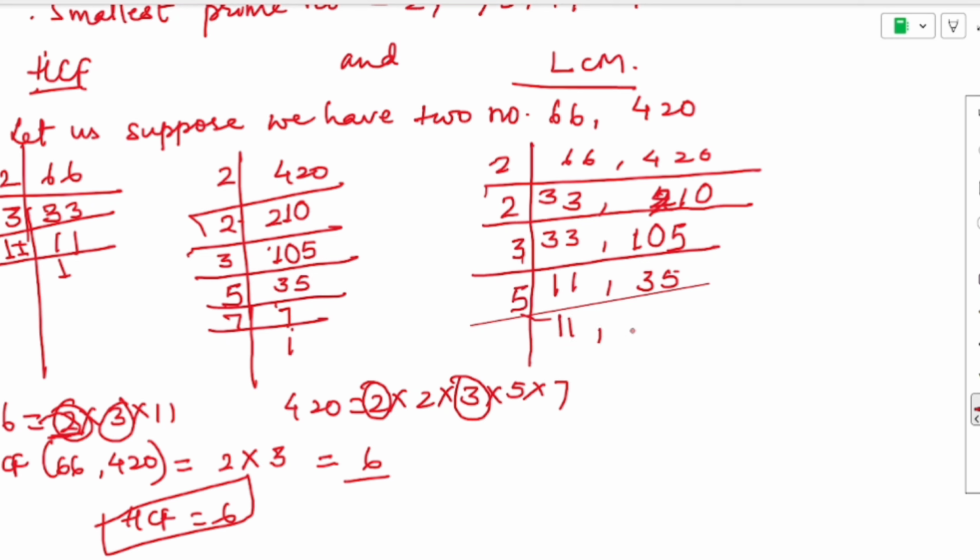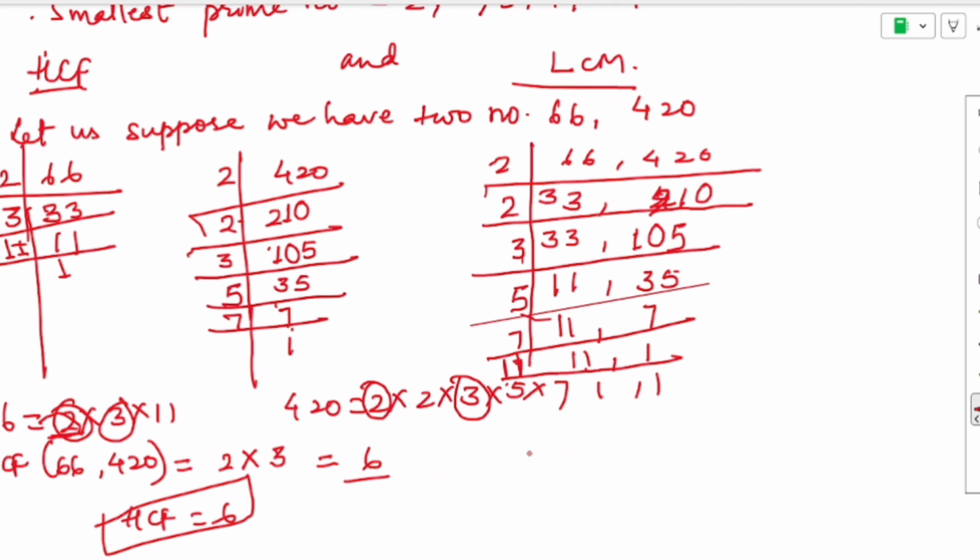Now we take 5. 11 is not divisible by 5, so 5 7s are 35. Now 7. Again 11 is not divisible by 7, so we get 7, and then 11. 11 ones are 11 and 1.